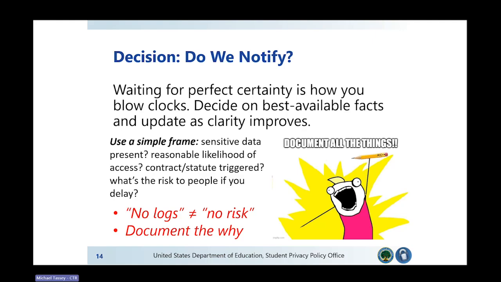If it's clearly out of scope, define why and provide evidence on what prevented the harm. Perhaps the data was encrypted or some other reason. Right, so creating that decision tree helps you fit the facts that you understand into it and make decisions on whether or not you need to notify.